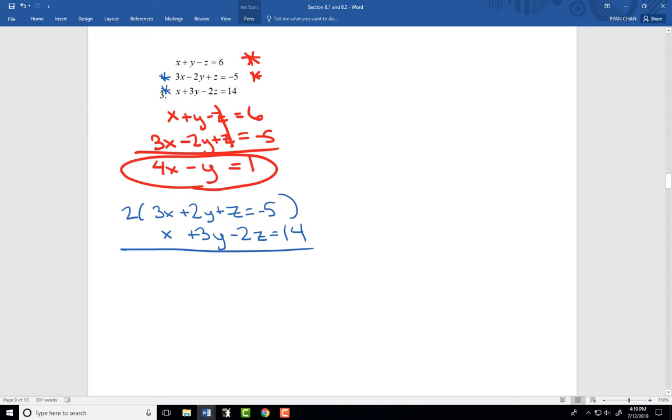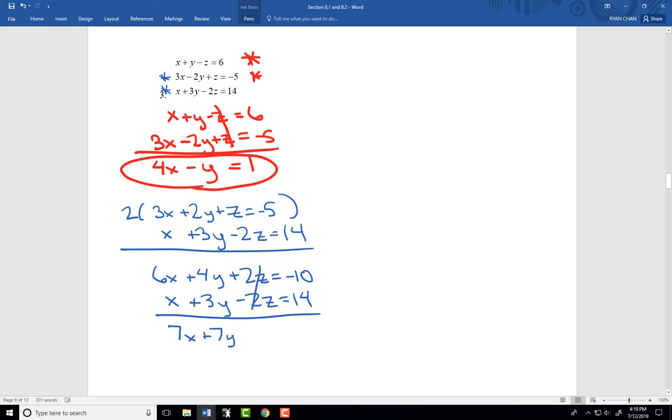So this will be 6x plus 4y plus 2z is equal to -10. This goes away. I have 7x plus 7y is equal to 4.